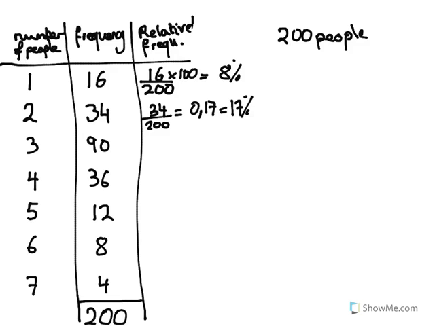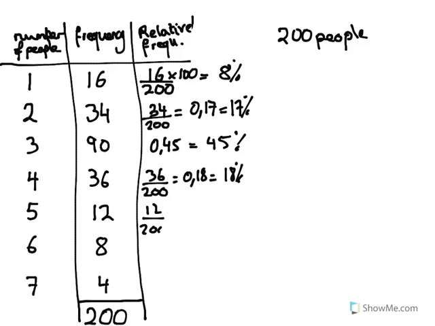And once we've worked out these relative frequencies, here we get 0.45, which would be 45%. 36, we're just halving the numbers here, notice. 36 divided by 200 would give us 0.18, which is 18%. 12 divided by 200.